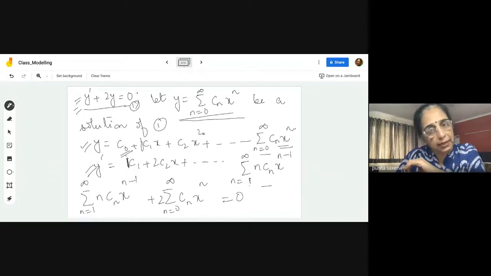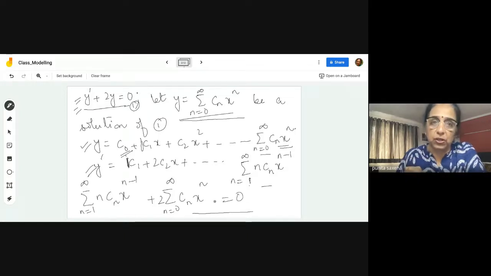I'm assuming that it is a solution, therefore it must satisfy the differential equation. Once it satisfies the differential equation, this gives me some relationship amongst the coefficients, using which I will be able to find the values of the coefficients, and hence the typical solution for my differential equation. Is this clear?